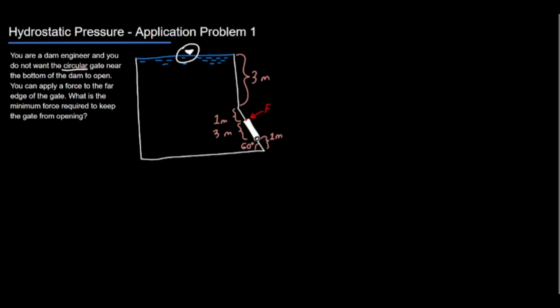Now, the first step in solving these problems is drawing the pressure distribution. So as I said earlier, the hydrostatic pressure is normal to the surfaces we're dealing with. And so it's really weird and kind of angled in this way. And as a result, there's two ways to solve this. One is you break up this geometry into a triangle and a rectangle and solve it that way.